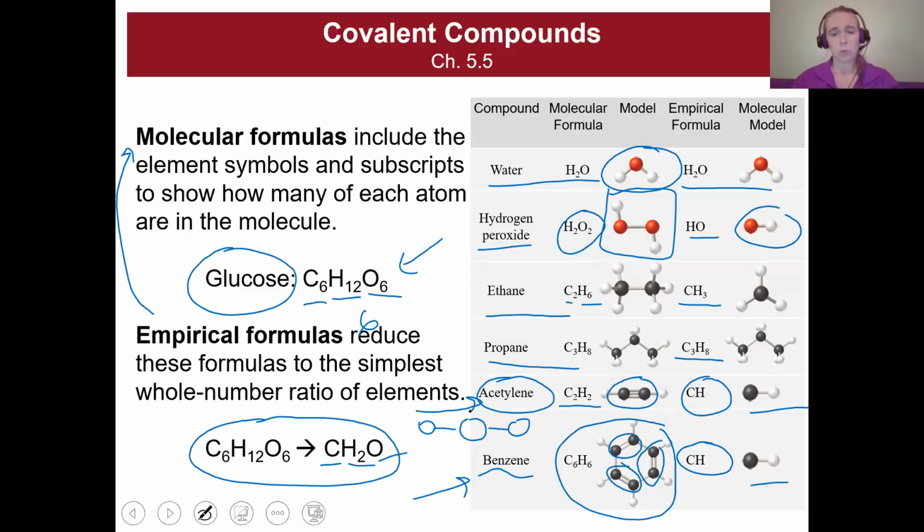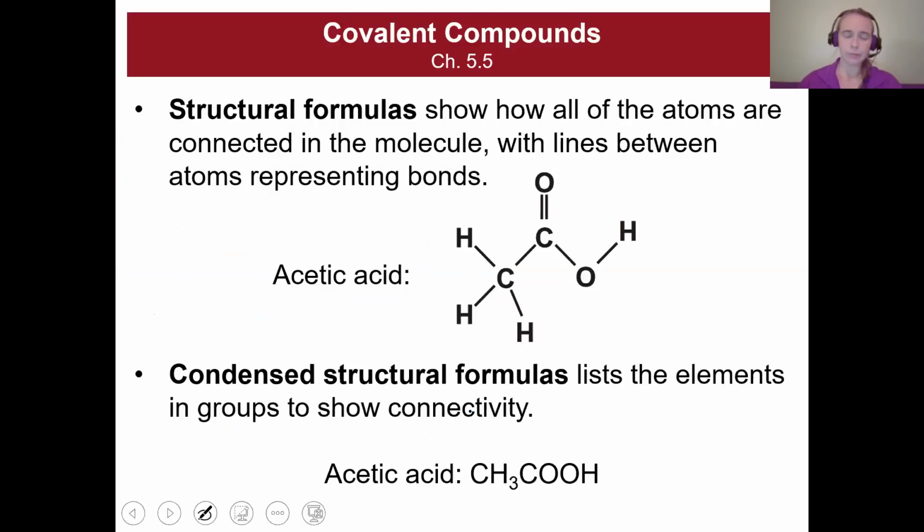So we would need more information to be able to tell which one it is that we were analyzing. So there's a good example of the difference between molecular formulas and empirical formulas. And we'll talk more about that later in Chapter 5.